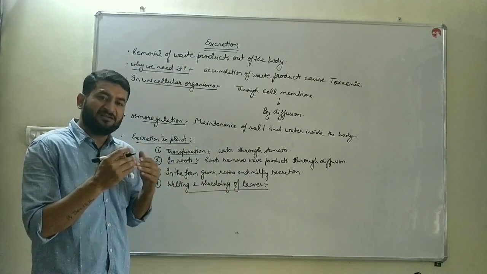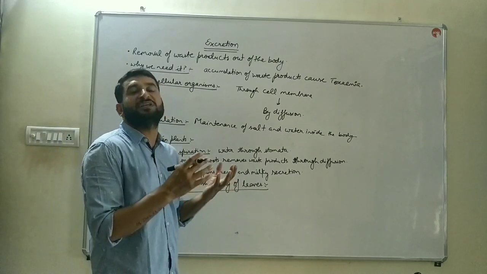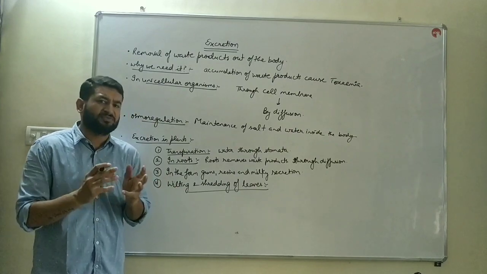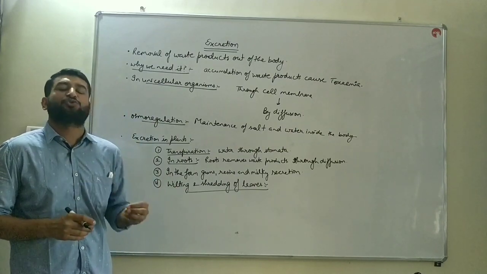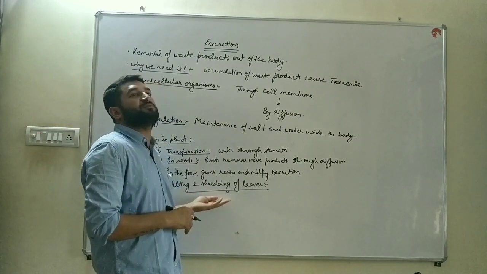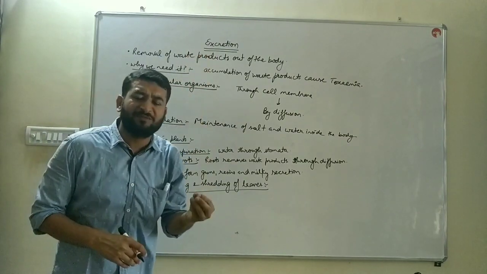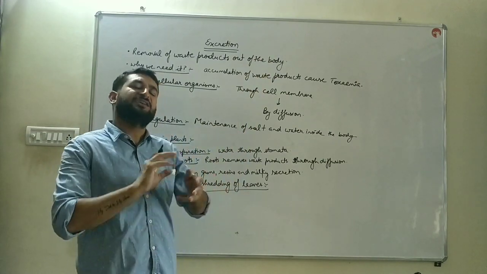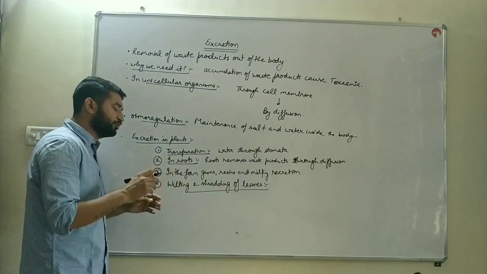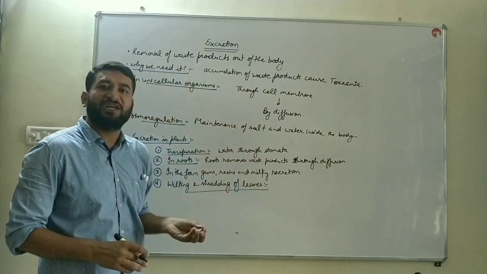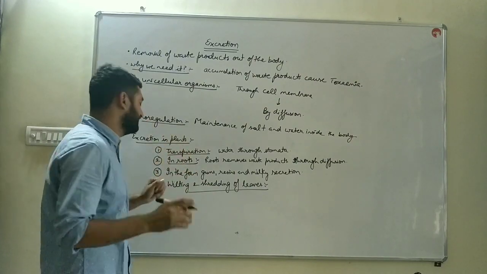Whenever leaves wilt and ultimately shed off from the trees or plants, basically during the autumn season, that is purposely done by the plants for the removal of those waste products. If those leaves are removed, they take the waste products out as well. Children, as soon as leaves dry and fall, the waste products stored in them are removed along with them.